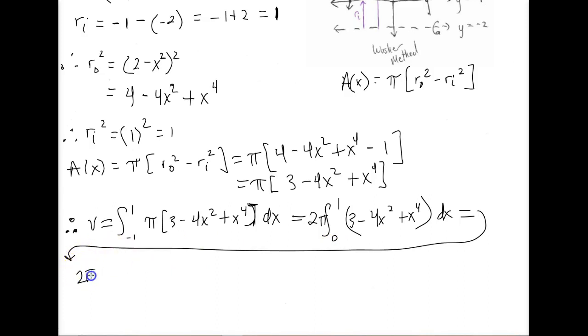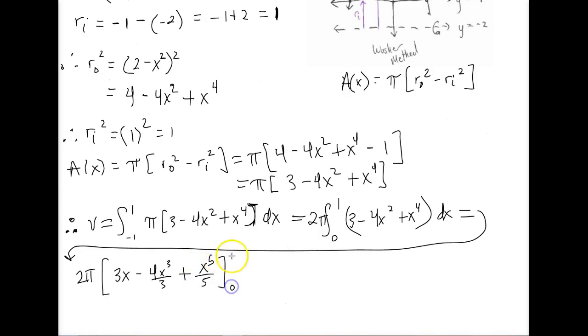And now all we need to do is just integrate. So we've got 2 pi, and the antiderivative of 3 is 3x. The antiderivative of 4x squared is 4x cubed divided by 3, plus the antiderivative of x to the 4th, which is x to the 5th divided by 5, or 1/5 times x to the 5th.